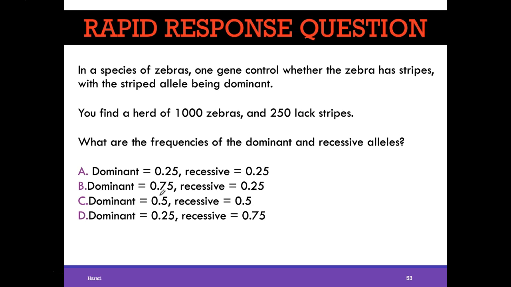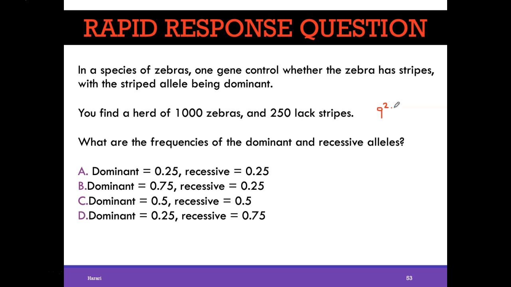So you have to figure out first what we know, like what information we can take away from the word problem. So we have 1,000 zebras, 250 lack stripes. And we know that if you lack stripes, you must be homozygous recessive because the striped allele is dominant. So this gives us a clue. 250 out of 1,000 lack stripes, meaning those are homozygous recessive. So therefore, we know q squared is homozygous recessive.